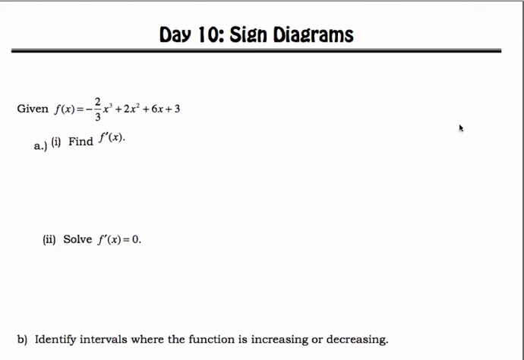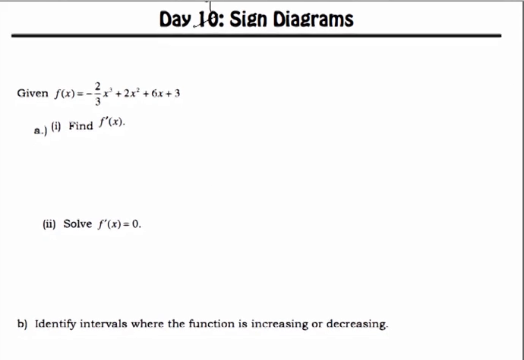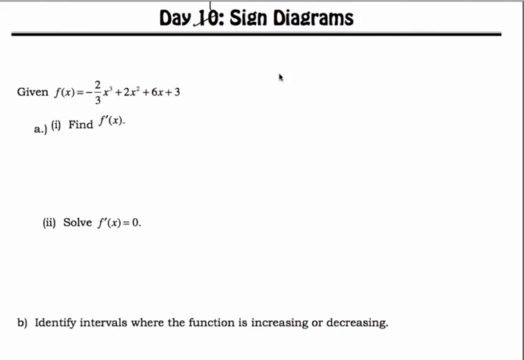Okay, next example. First we're going to find the derivative of this function, and then we're going to solve f prime of x equals 0. So the derivative of this function is, we have to do negative 2/3 times the exponent 3, reduce the power of x by 1, then we're going to have 4x plus 6.